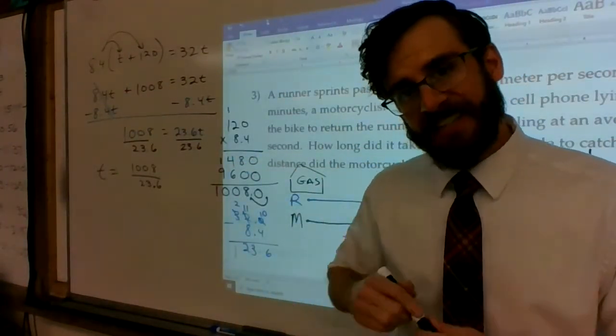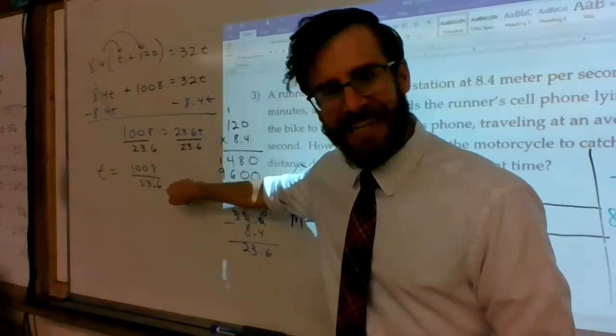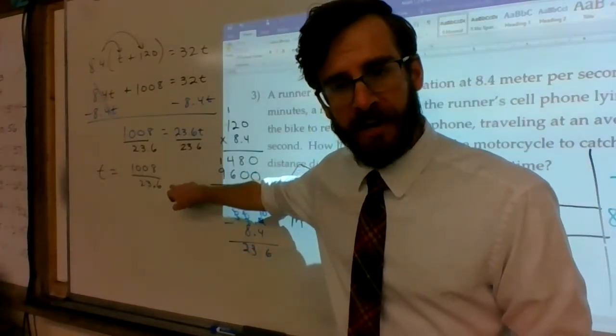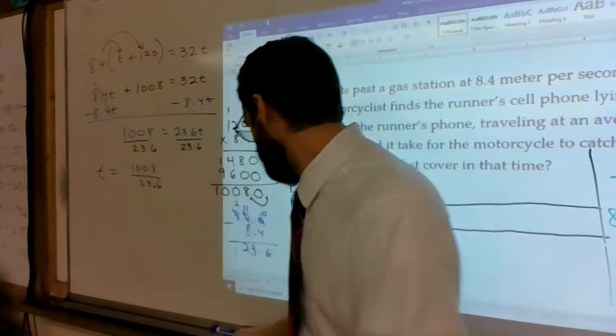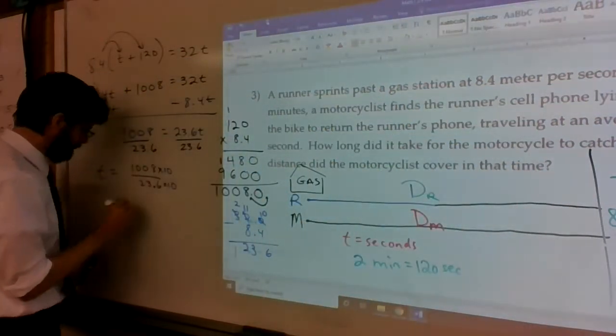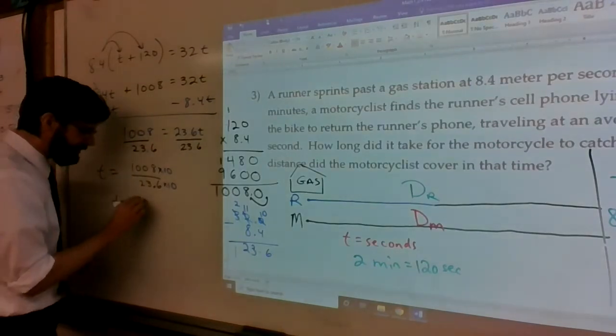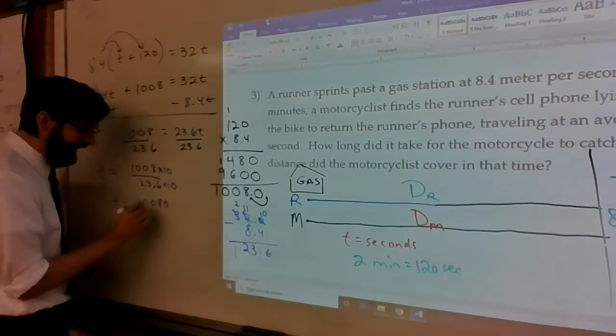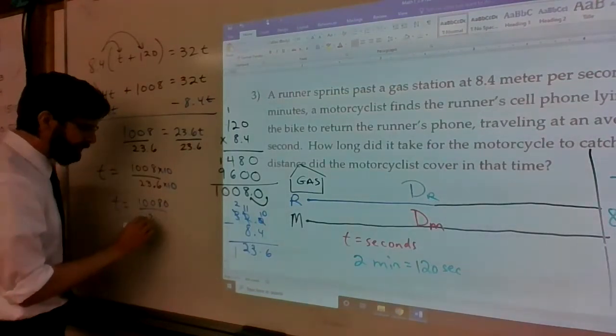So if I multiply the top and bottom by 10, that's going to get rid of the decimal on the bottom, add a digit of 0 on the top. So it's 10,080 now on top, 236 on the bottom.